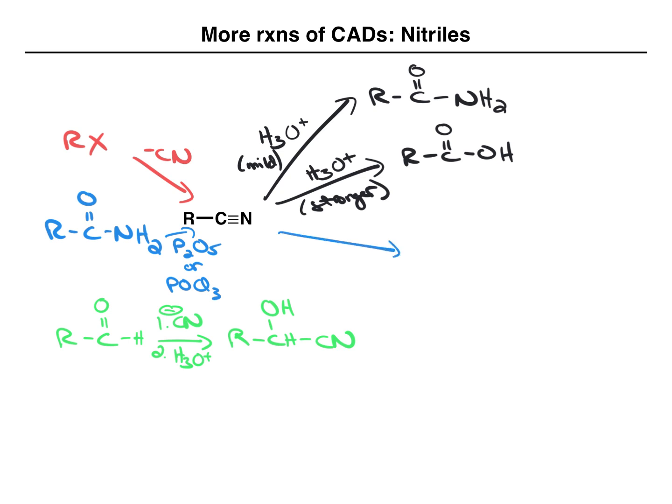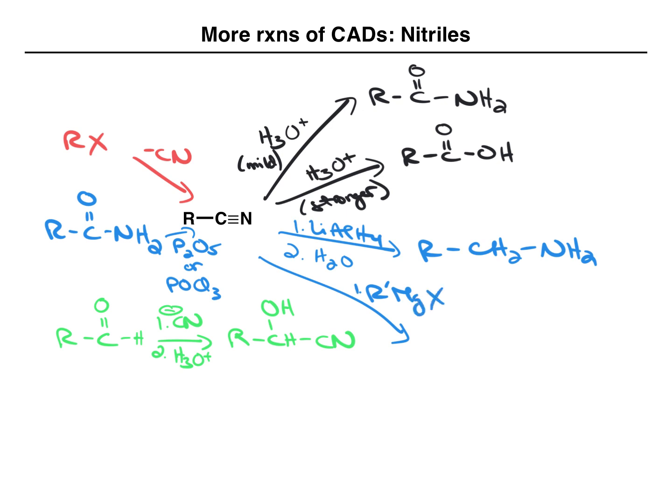Nitriles can also be reduced using lithium aluminum hydride followed by water, and this will give a primary amine. Or nitriles can react with a Grignard reagent followed by aqueous acid workup, resulting in the formation of a ketone.